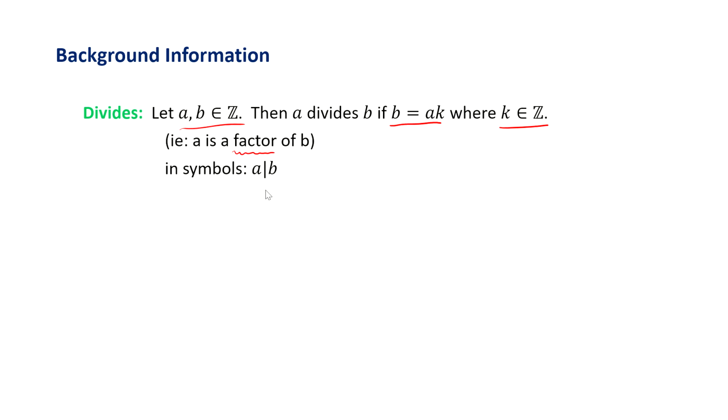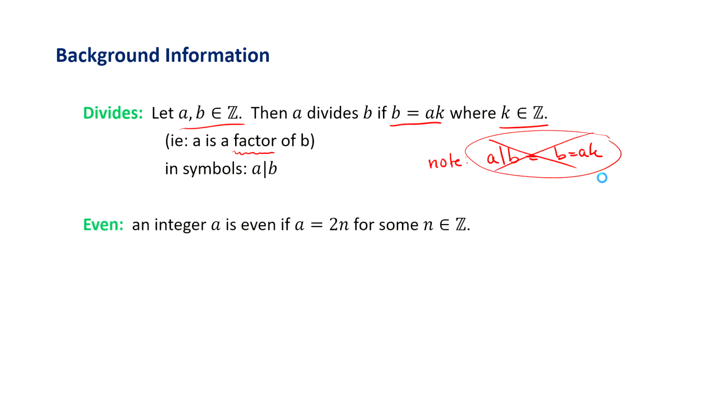It is simply a logical shorthand. So if you write something like A divides B equals AK or something like that, this here is complete nonsense. It has no meaning whatsoever. That's a really common mistake that people will make with divides.